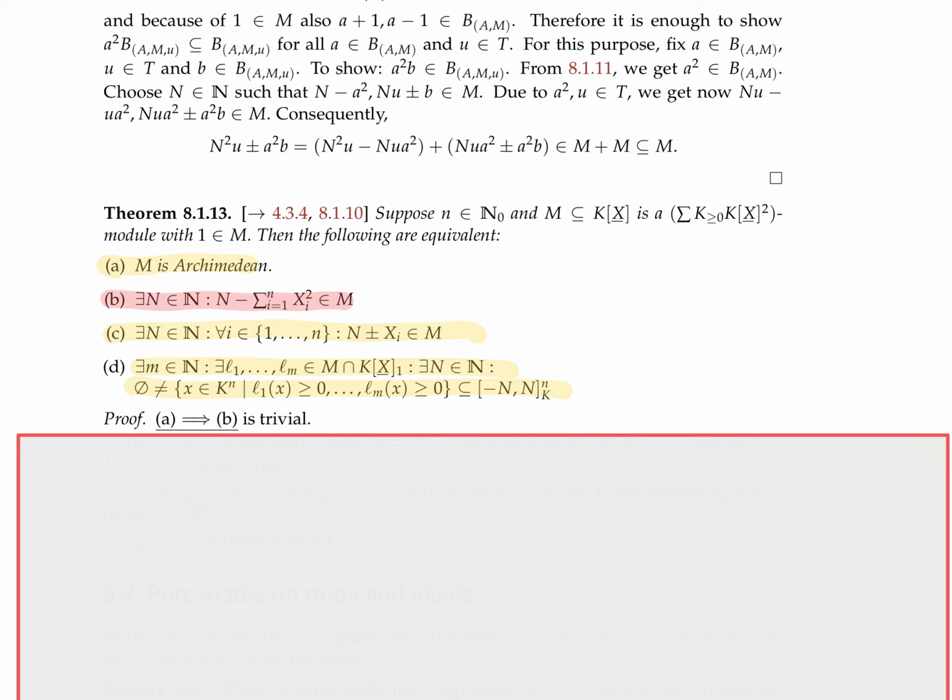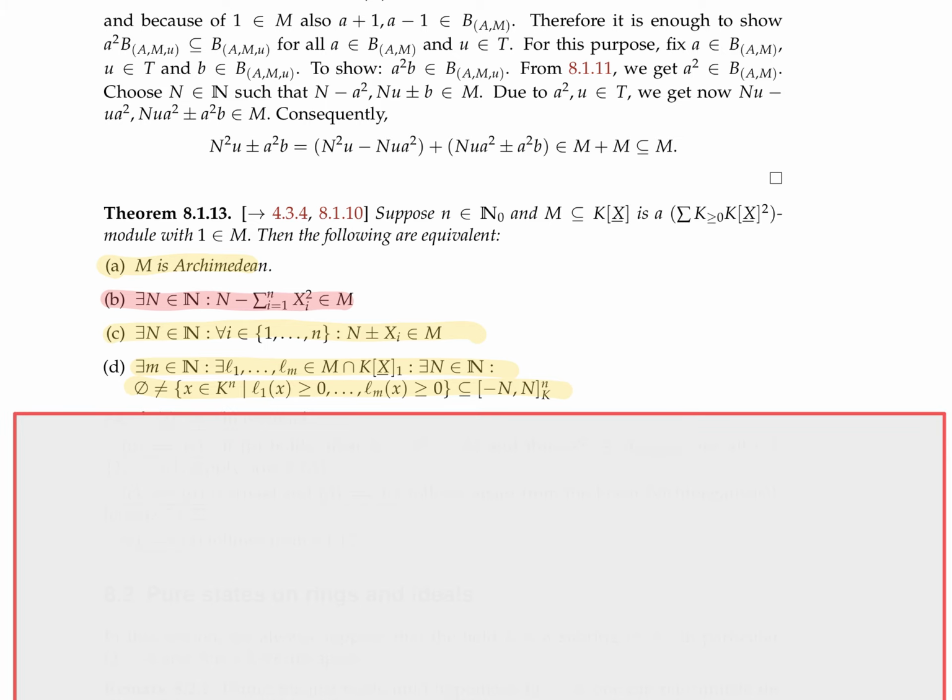So A to B, in particular, contains the case where M is a preorder containing non-negative elements from K, where this can be applied again.